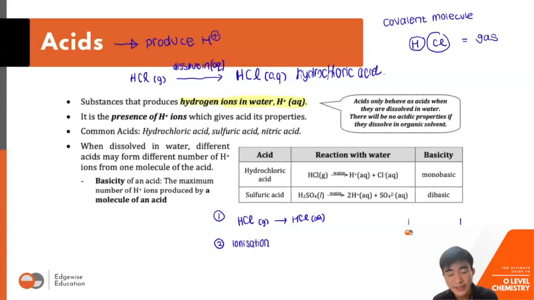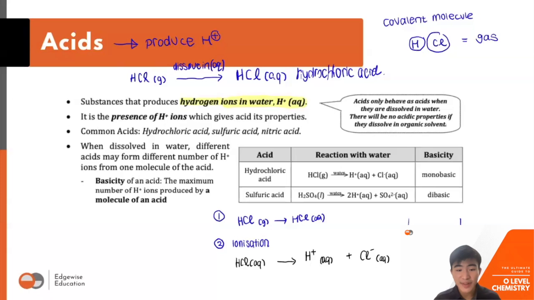It turns out that this HCl aqueous is going to undergo ionization. That means this is actually going to separate, and when they separate, they are not separating into atoms, they are actually separating into ions. So hydrogen will become an H+ ion in solution in water, and the chlorine will become a chloride ion in aqueous solution also.